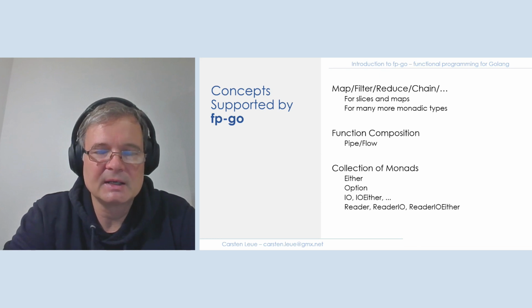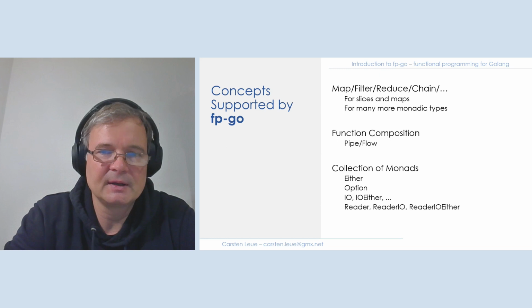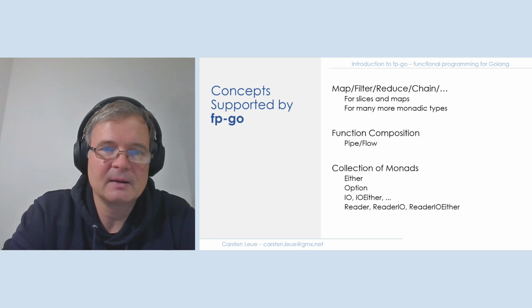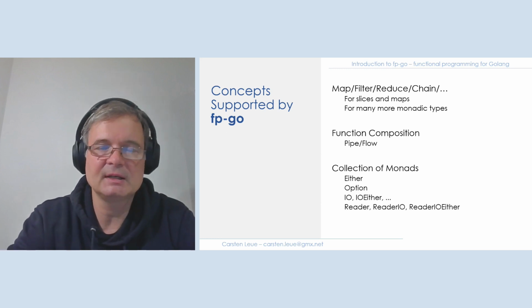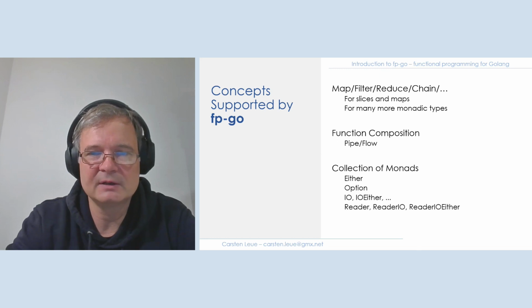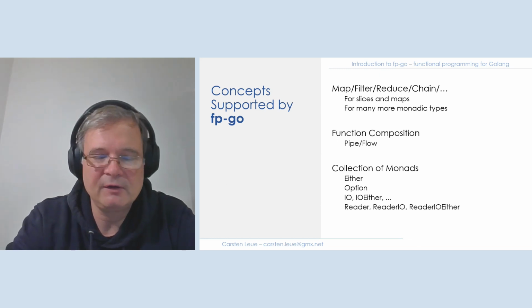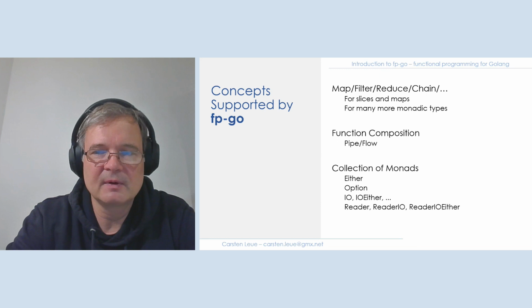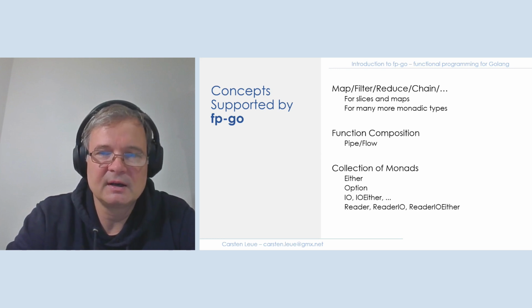So this slide summarizes a bit the different concepts that FPGO has to offer. First, I would say it offers a comprehensive set of functions such as filter, map, reduce, chain, flatten, and I have a more complete list on one of the other slides, but it's a list of common functions across different data types.